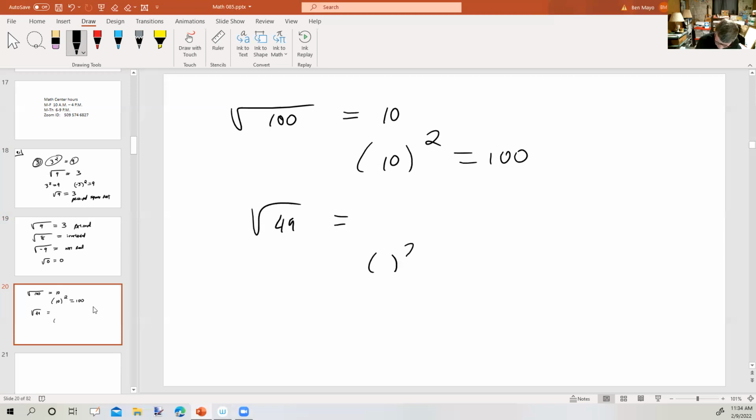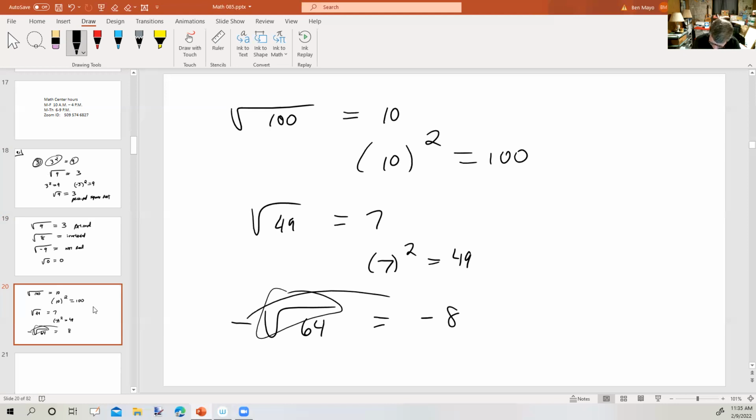Well, what number squared is 49? 7 squared is 49, so the square root of 49 is 7. How about negative the square root of 64? Well, this thingy here that we'll give a name in just a minute is a grouping symbol. So basically the square root of 64 is 8, and then the negative sign comes outside of it.